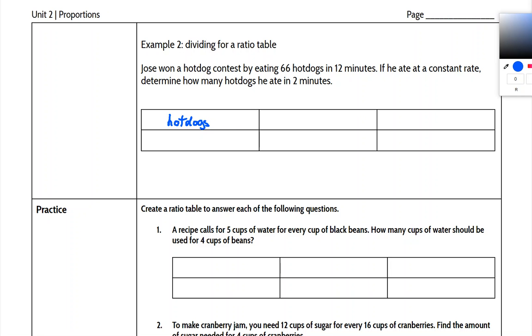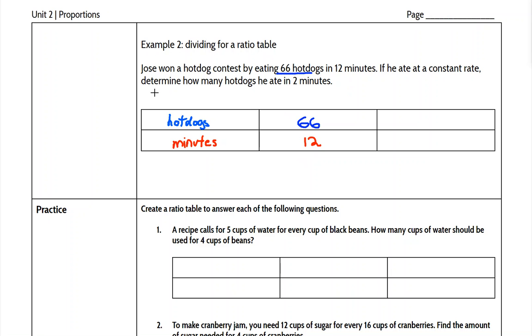And then we are also comparing that to how many minutes. The numbers that we have been given are 66 hot dogs in 12 minutes. So hot dogs goes in the top, 66. And then the 12 goes in the bottom where I have minutes. 66 hot dogs, 12 minutes. That's our ratio.